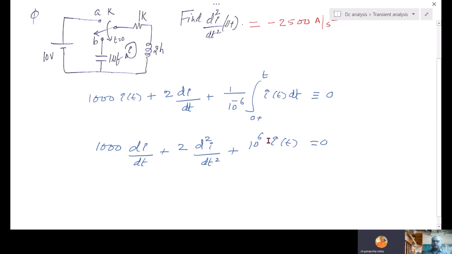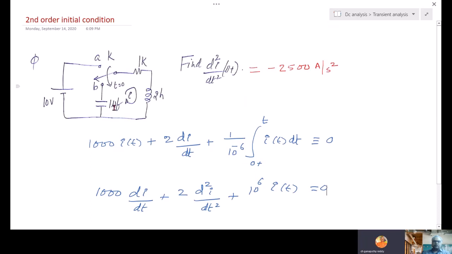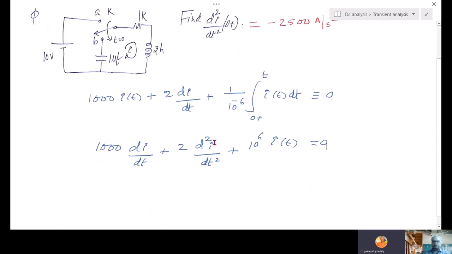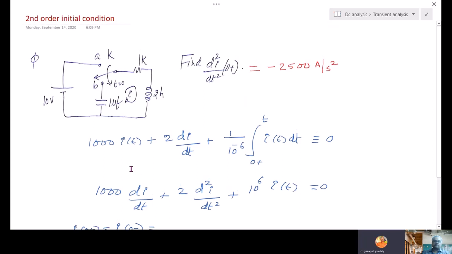To solve this one, we should know I0 plus, we should know di by dt 0 plus also. Otherwise, you can't get this. But what is I0 plus? I0 plus depends on I0 minus. I0 plus is equal to I0 minus.